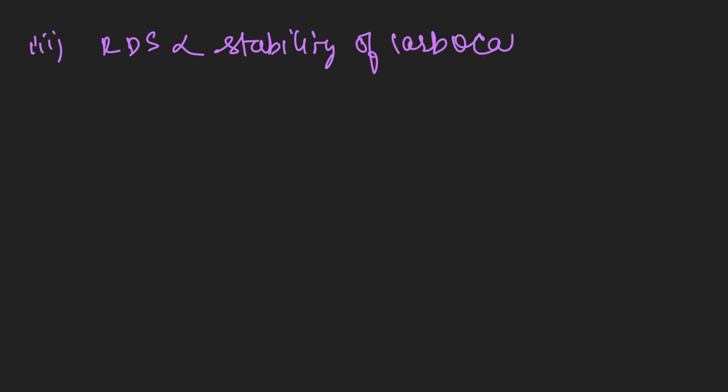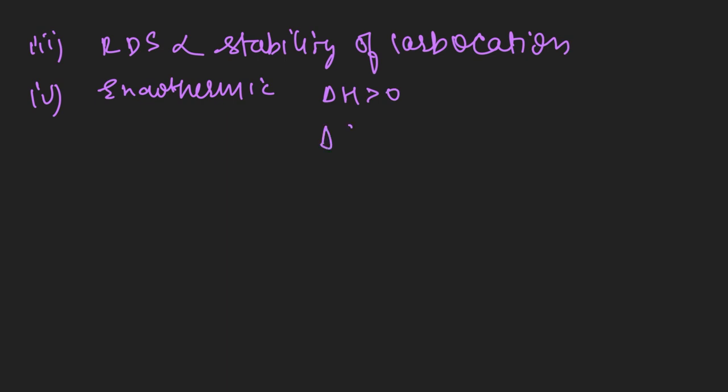Third, the rate determining step is directly proportional to the stability of the carbocation. Fourth, it is an endothermic reaction. Endothermic means delta H is greater than 0 and delta S is also greater than 0. Entropy increases. How does entropy increase? From one molecule it is forming two molecules.